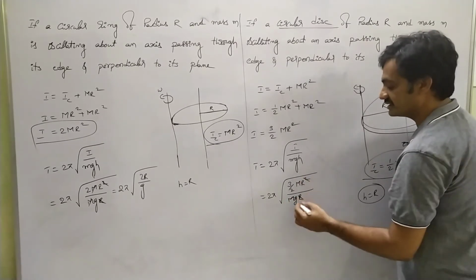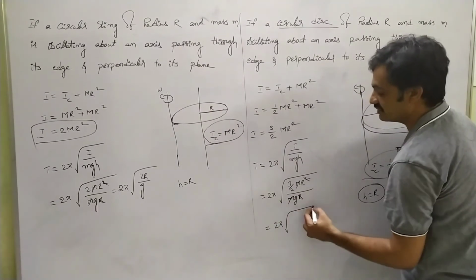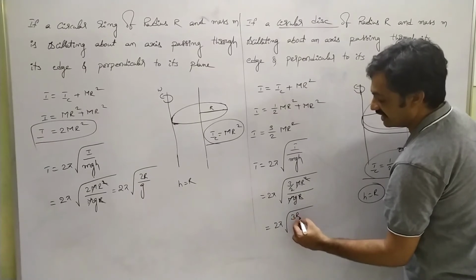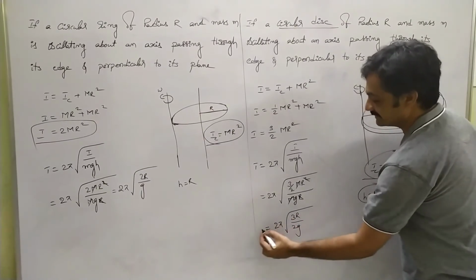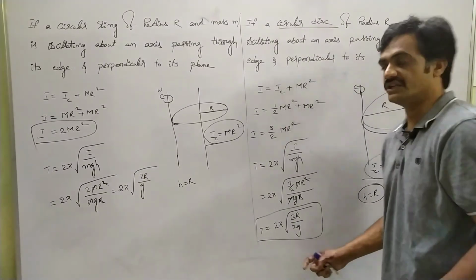Observe that one r gets cancelled and m gets cancelled. Then the time period can be represented as 2 pi into under root of 3r by 2g. Take a screenshot. We will continue.